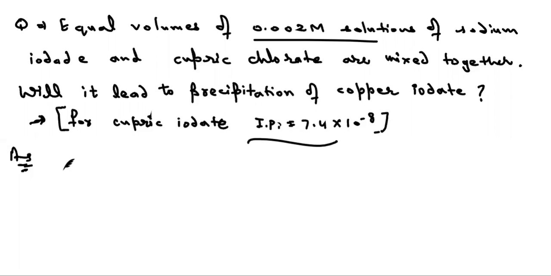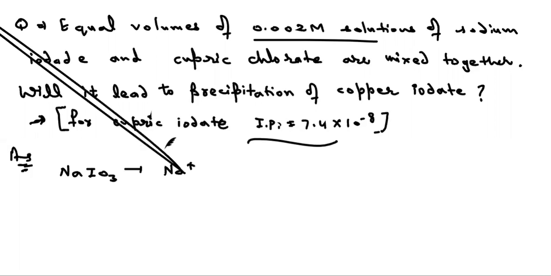So if I talk about sodium iodide, what is the formula for that? NaIO3. So it is going to be broken down like Na plus and IO3 minus. Here, what is the molarity for that?